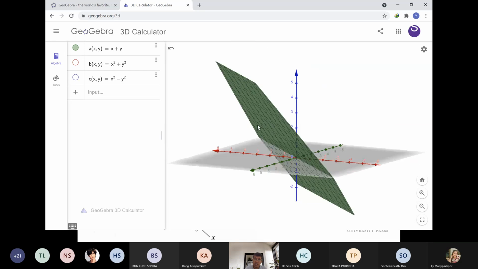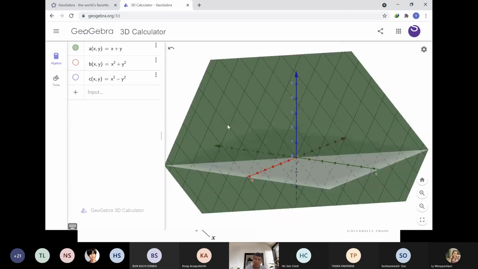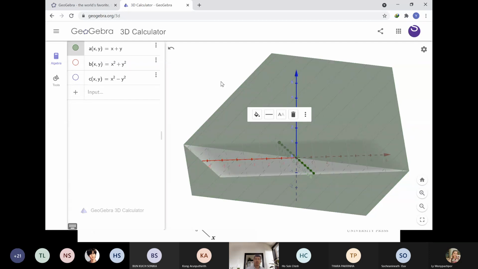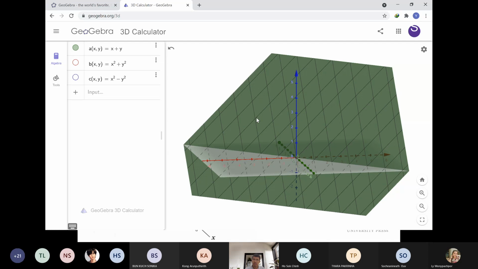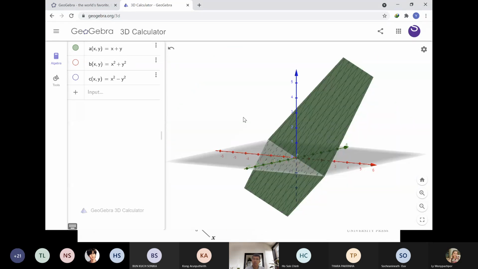Okay, so if you look at this, it is in 3D, right? And this surface is actually the graph belonging to this particular function, z equal to x plus y. Okay, if you just look at this, it's a plane, right? A plane.